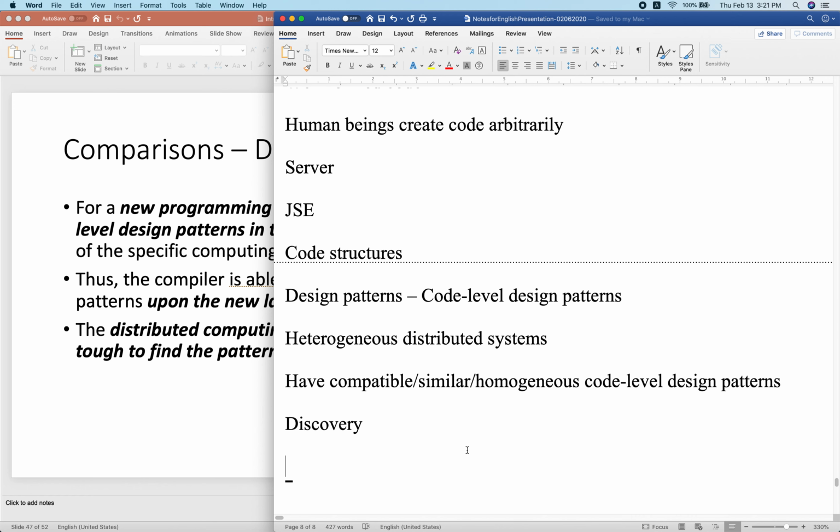We need to run this system based on human influence. So there are different types of distributed systems.